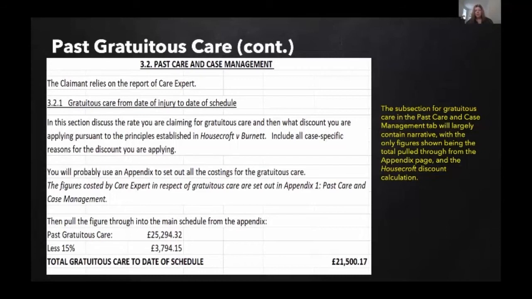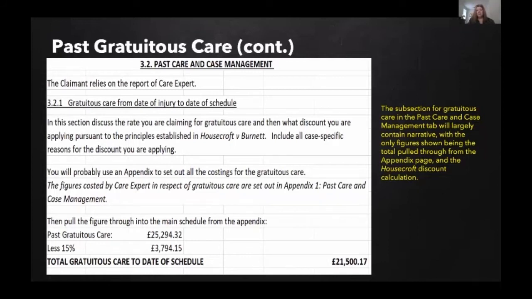I would suggest that you insert some pithy narrative without copying huge swathes of the care report or the witness statements. Then say that the calculations as per the care expert's report are set out in the appendix. You only then need to pull through the total from the appendix, apply the Housecroft discount, and the section of the schedule for past gratuitous care will actually be quite short.